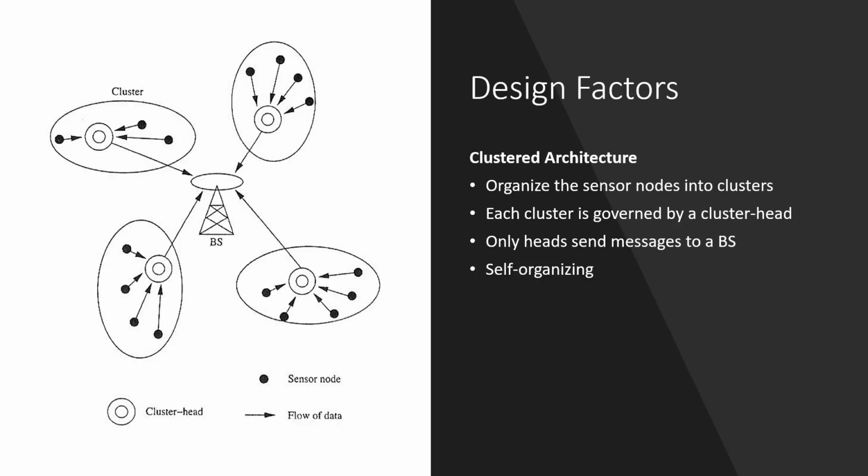The second type of architecture is a clustered architecture. In this architecture, as you can see, the sensor nodes are divided into specific clusters, okay? Those clusters send data to one common node within that cluster, called the cluster head, and that cluster head sends data to the base station, okay?